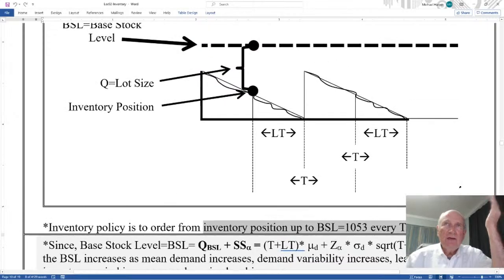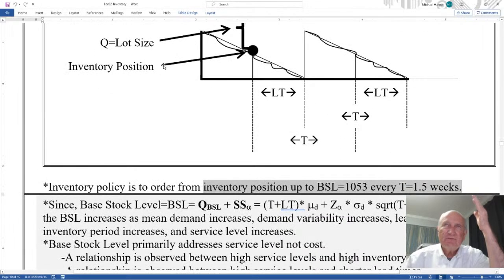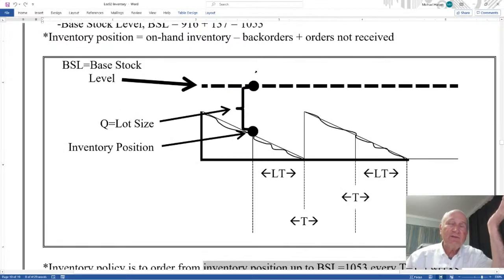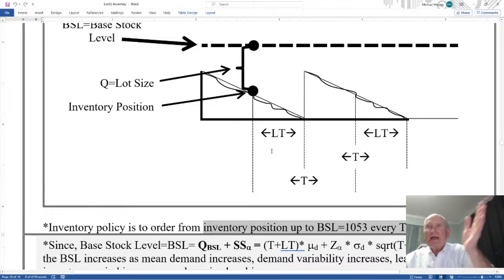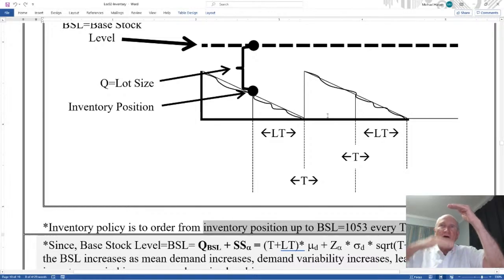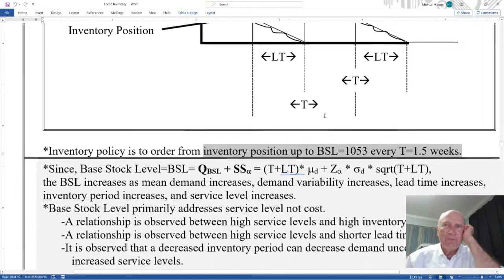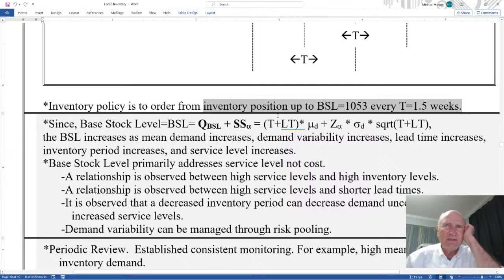Let's suppose the first time every 1.5 weeks comes along, you say, okay, my inventory position is 53. I'm ordering 1,000. The next is 153. After 1.5 weeks, my inventory position is 153. I'm ordering 900. So whatever my inventory position is, you order up to 1053. There are different versions of the base stock level, but this is our version to get you used to it.